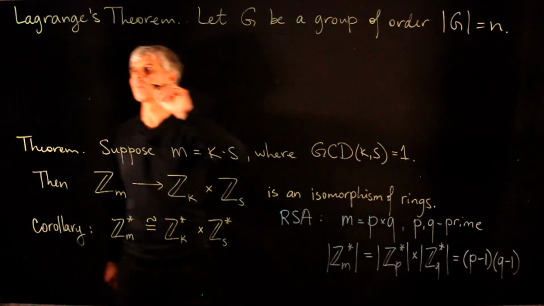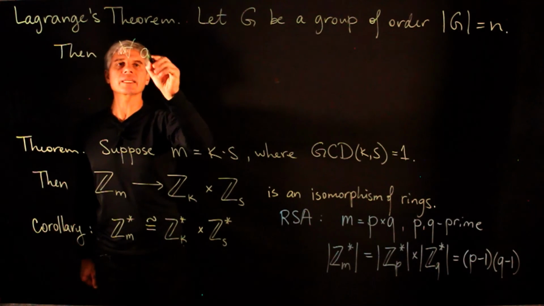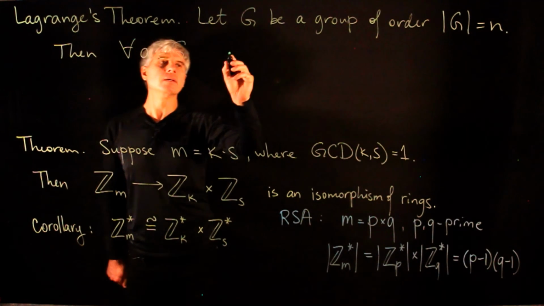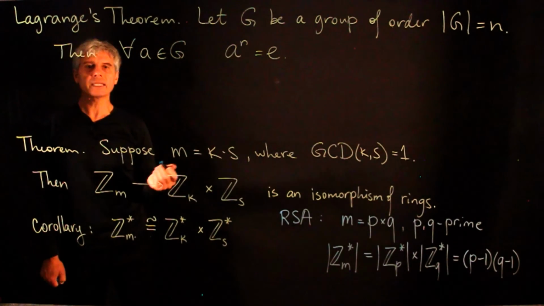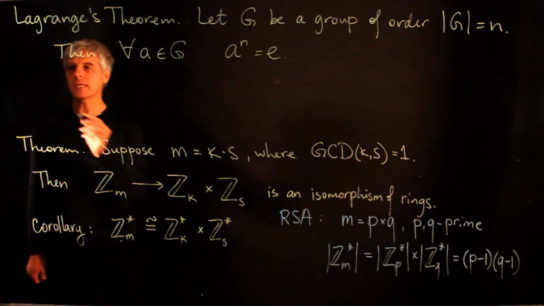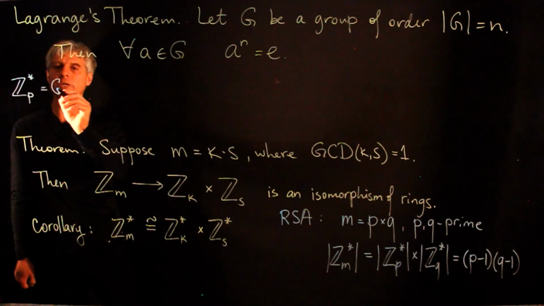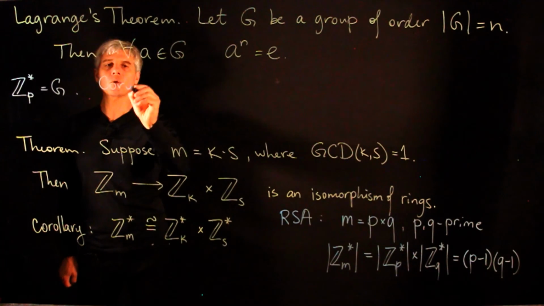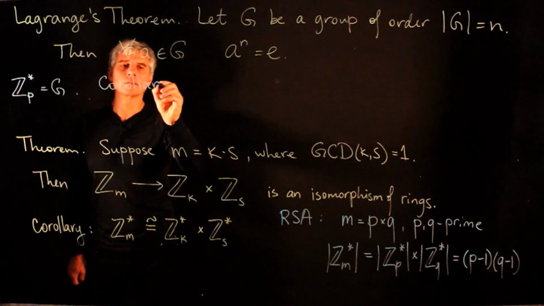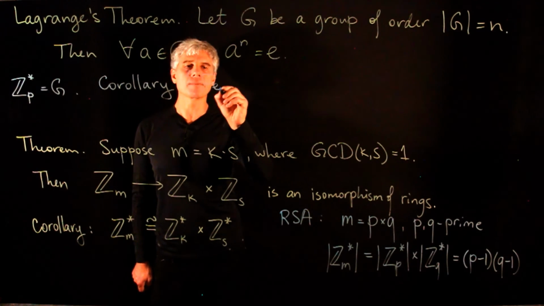Then for all elements A in the group, A raised to the power n gives us the identity. Let us apply this Lagrange's theorem to Zp multiplicative, where P is a prime. We get the following corollary, which is called Fermat's little theorem.